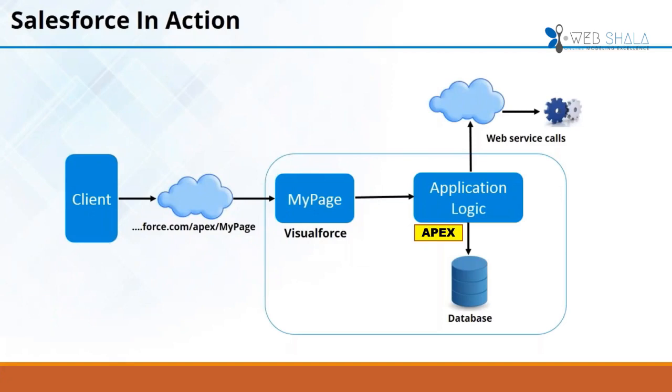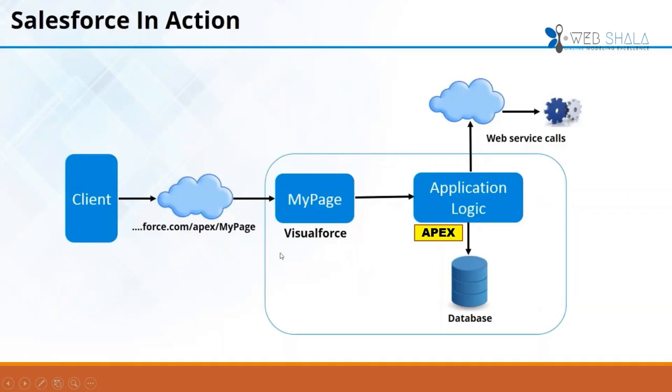Okay, let's move forward. Yesterday I told you about this page, the Visual Force page, and how to create the view. Now we will come to the Apex part, which is the application logic, or you can also say business logic. If the interviewer asks you what is MVC architecture, what will you tell? M means model, which is my database.